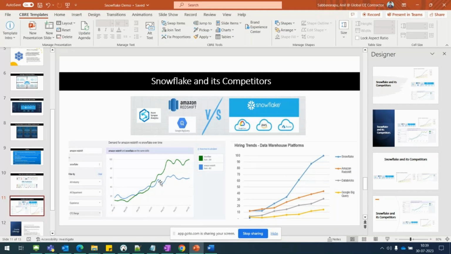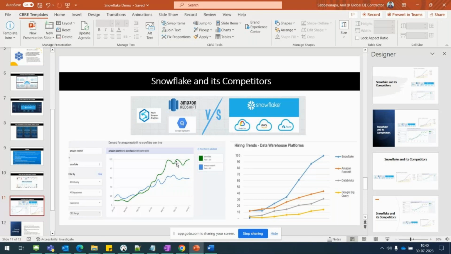So this is the job trend. This is a report from Naukri. If you compare Amazon Redshift and Snowflake, this green line is Snowflake. It is standing at a better rank than Amazon Redshift at this moment.